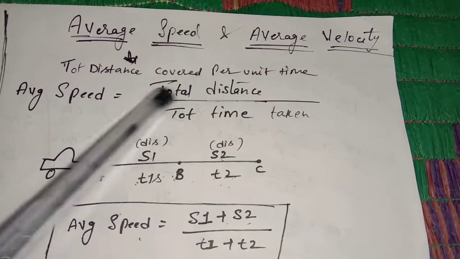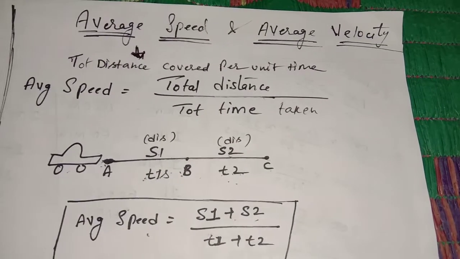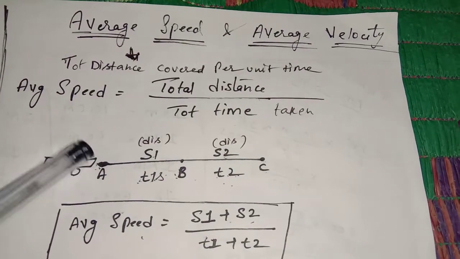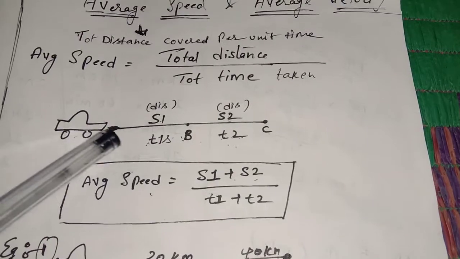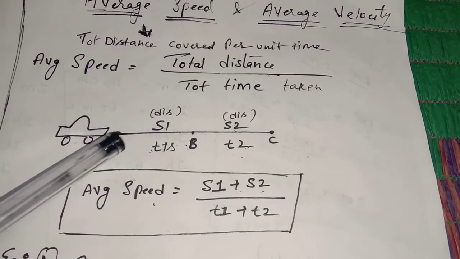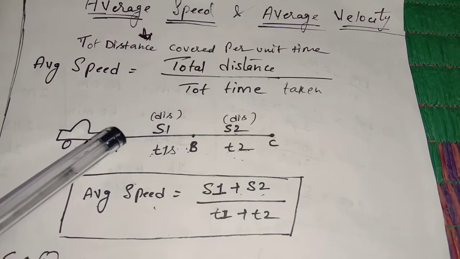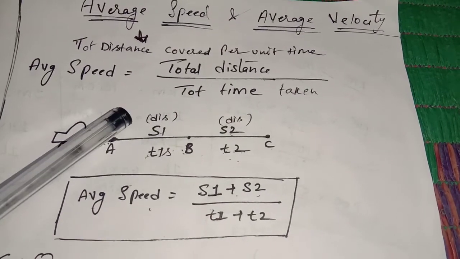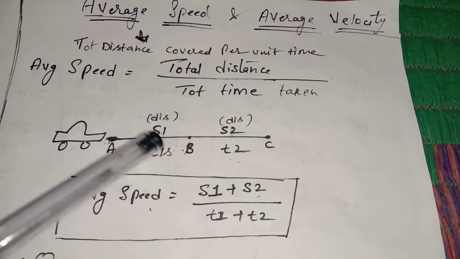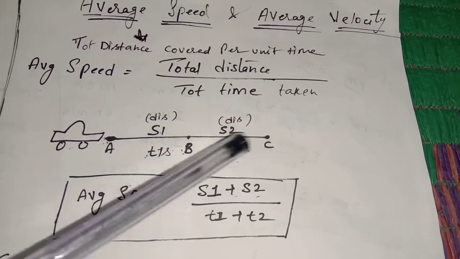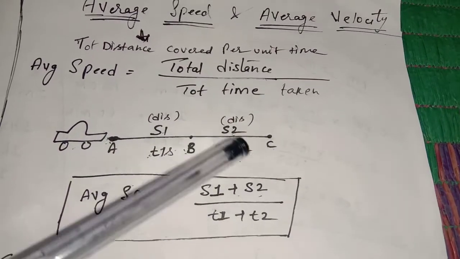Average speed is equal to total distance divided by total time taken. Suppose here is one example. See, one vehicle is at point A. It moves from A to B, covering distance s1 in time t1 seconds, and then from B to C, covering distance s2 in time t2 seconds.